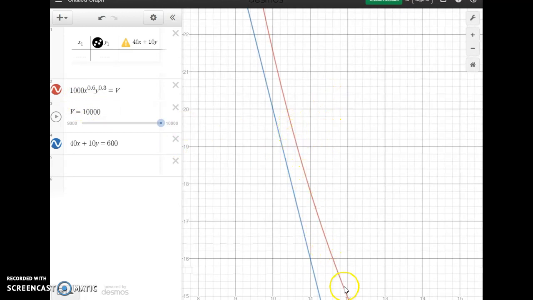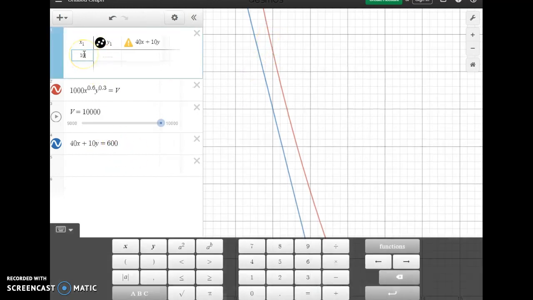So let's pick a point that's roughly an integer value. This point is roughly around 10 doctors and 22 nurses. So I have 10 doctors and 22 nurses. Then I will require a budget of 620,000, which is higher than my allotted budget.